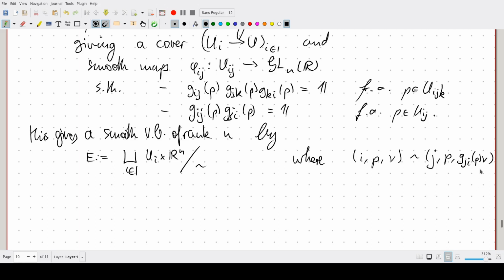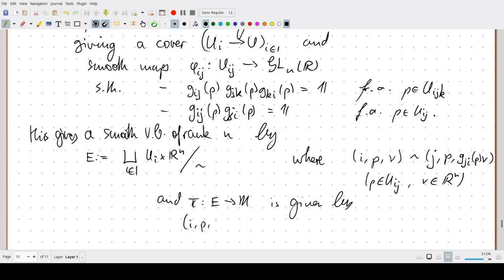This just means that v is supposed to be some vector over U_i, and then we use g_ji to map it to U_j, and I guess p is in U_ij and v is in R^n. And our bundle projection map pi from E to M is just given by (i, p, v) maps to p. And because in this equivalence relation we didn't mess with the point p, that is well defined, and well, you can check that it's smooth.